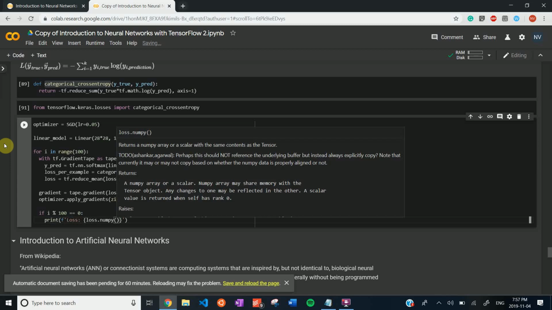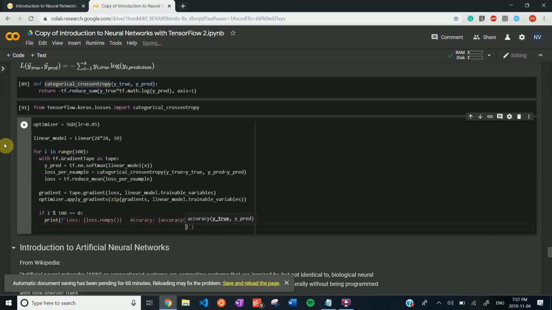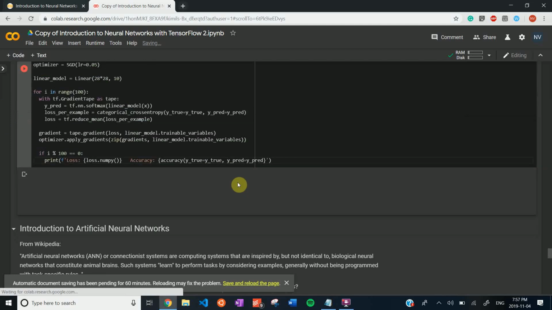So once again, we have the loss, which is just a NumPy value, and we're actually also going to print the accuracy of our model, which is just the accuracy that we computed, with y true equals y.